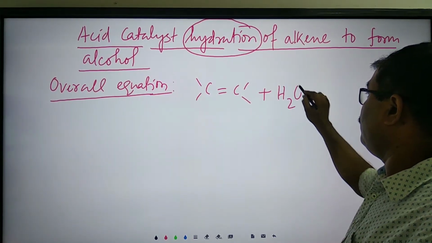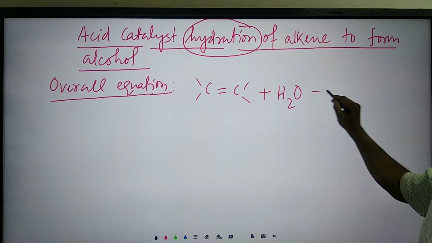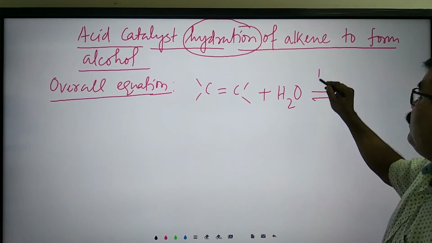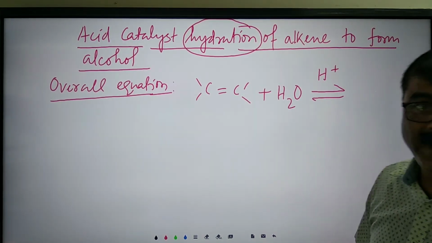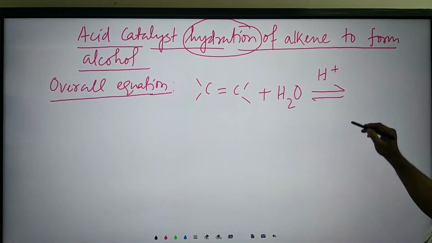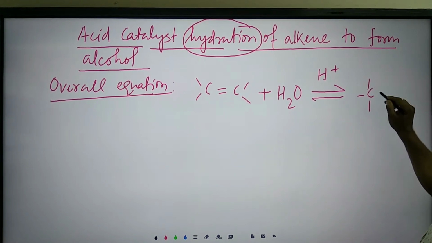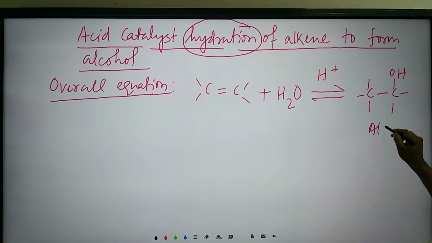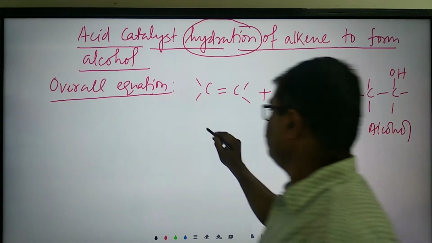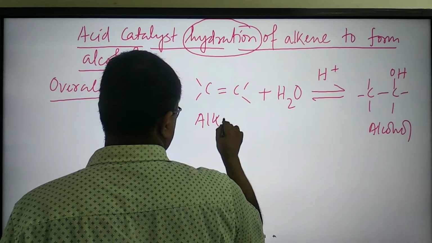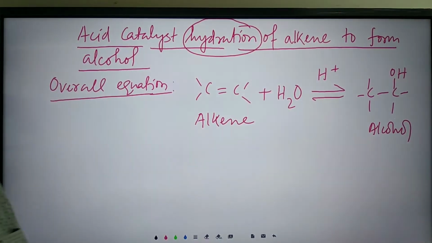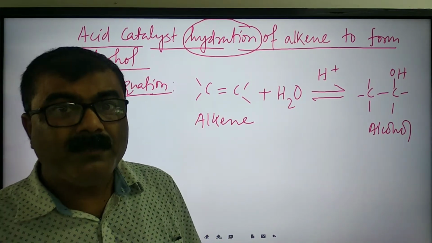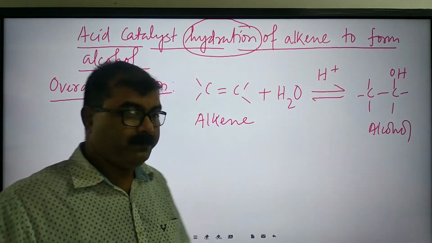This is a reversible reaction. Acid catalyst. Therefore, we should show the acid catalyst here. Then alcohol is the product. So here it is alcohol. This is alkene.